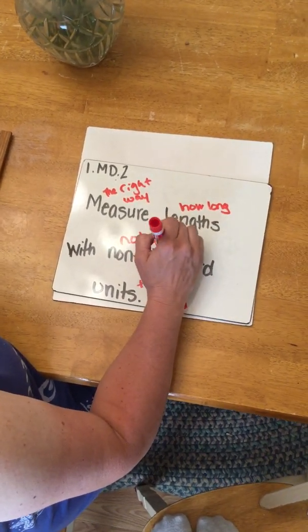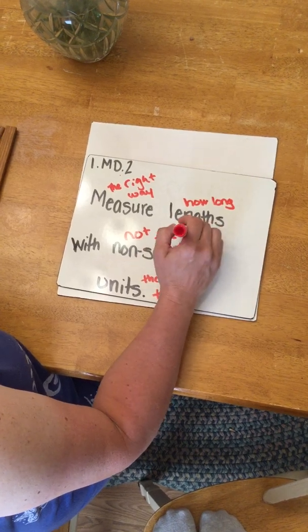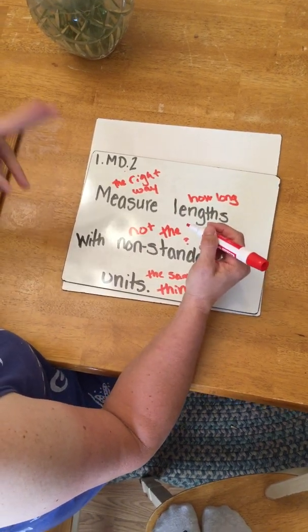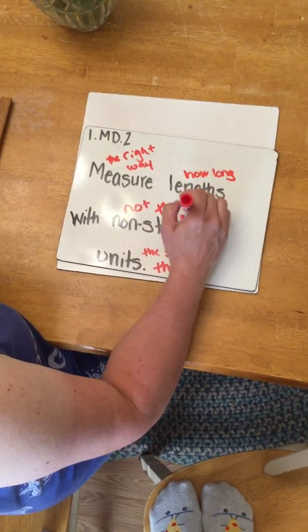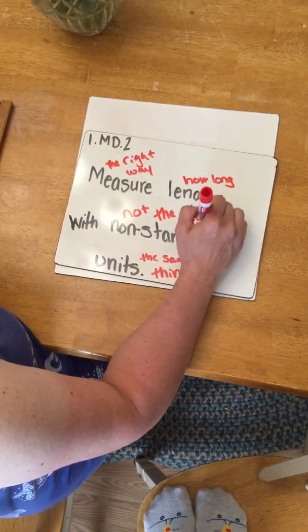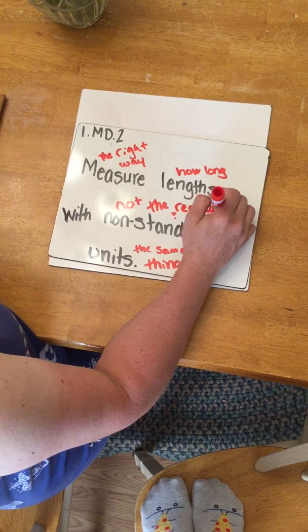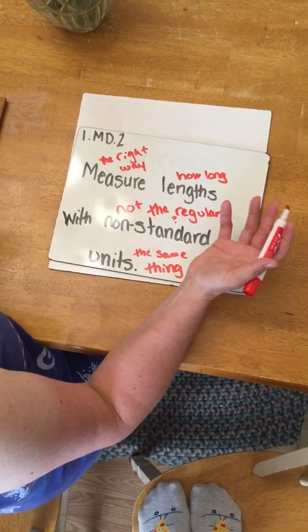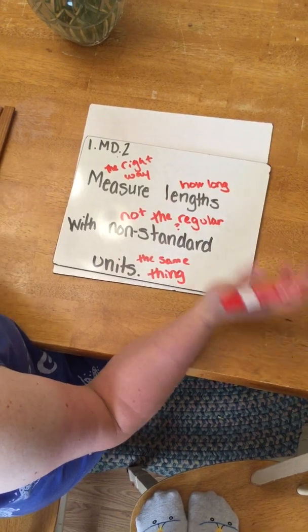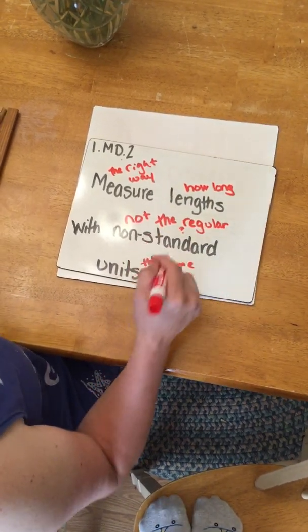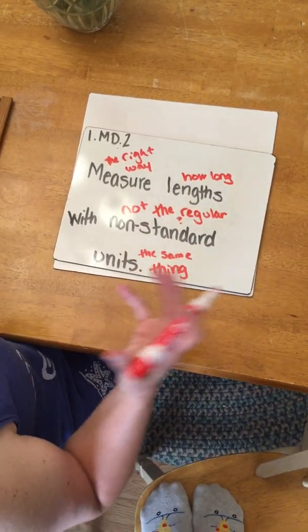So not the usual ways. We're not going to measure with inches or centimeters or feet or yards. You might be 3 foot 2 inches tall, or 3 foot 6 inches tall. We're not going to use that. We're going to use non-standard units of the same thing.